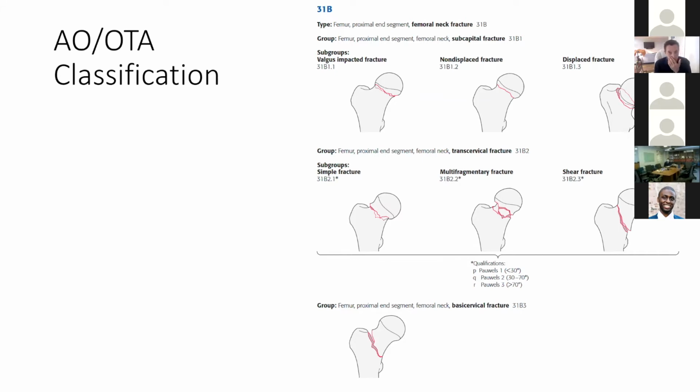So for the femoral neck fractures, these are the 31, so it's bone 3 and 1 proximal, 31, B-type, which is femoral neck, and you have your B1s, which are the old people fractures, or the subcapital fractures just below the head.